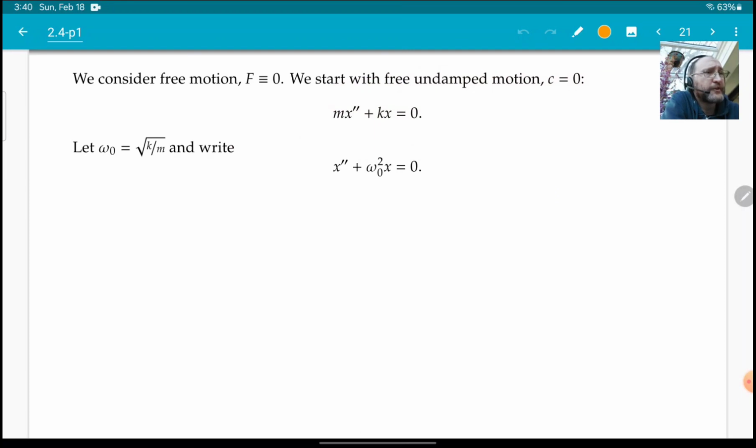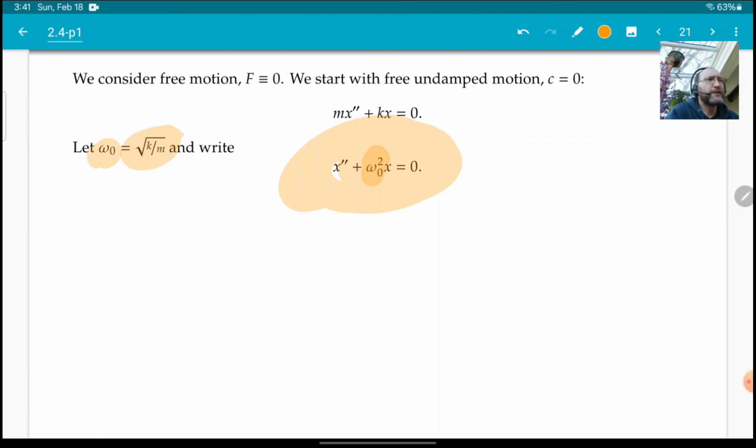Now, what we could do is divide by m, and then in front of the x we get k over m, and we could write it as omega naught squared, where omega naught is defined like this. You'll see in a moment why it makes sense to take the square root. So we could write the equation like this, and this omega naught is going to have some nice physical interpretation.